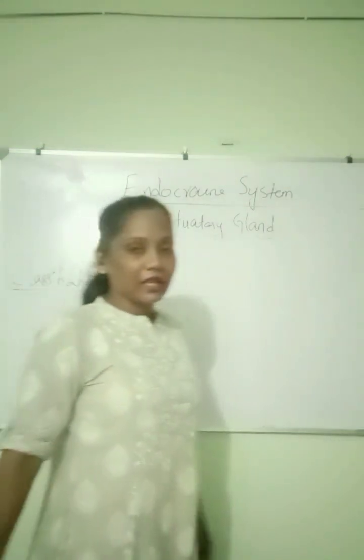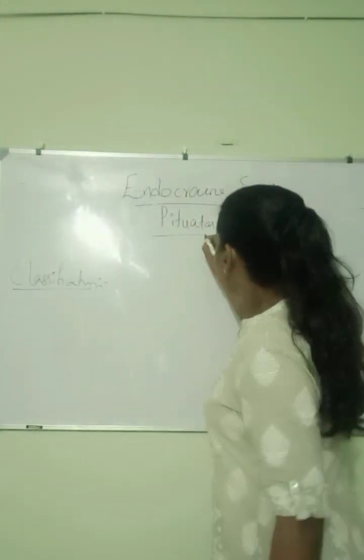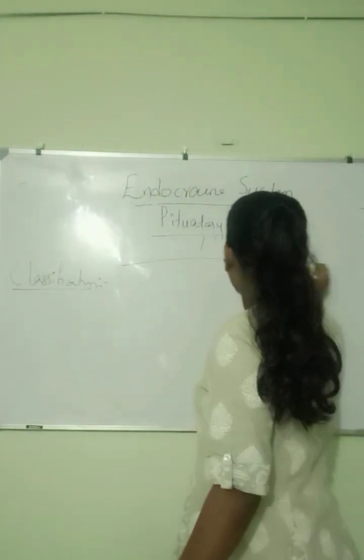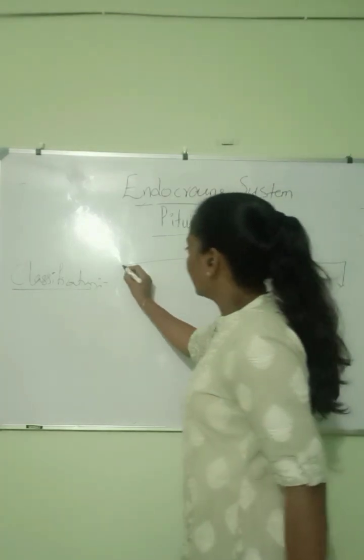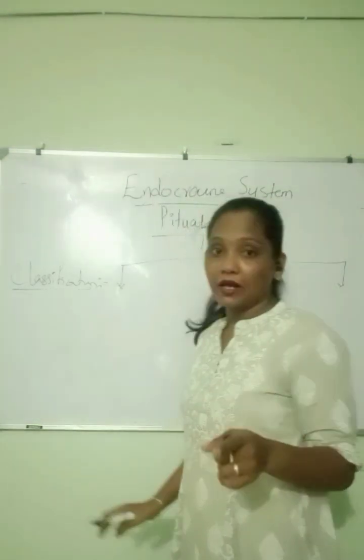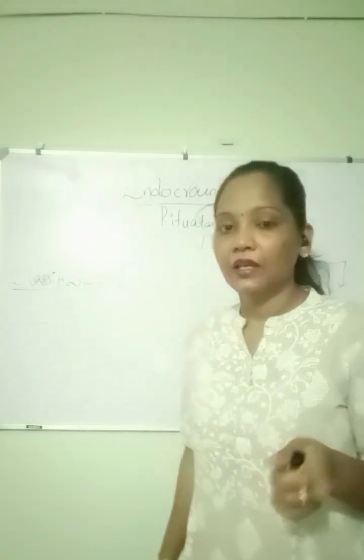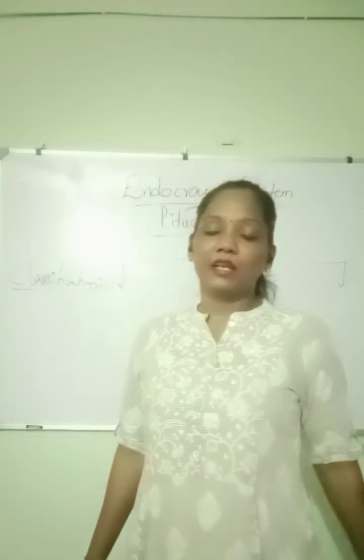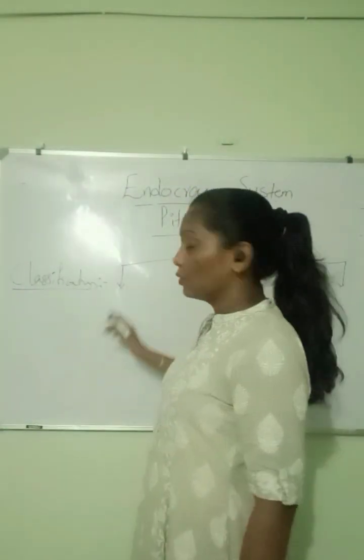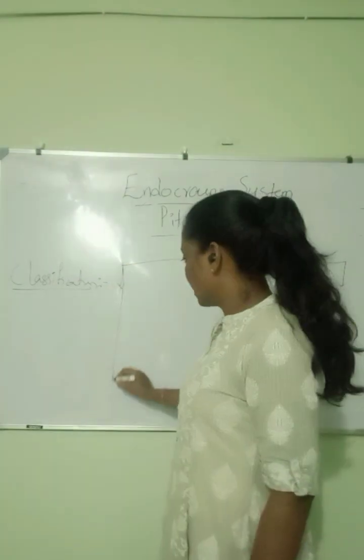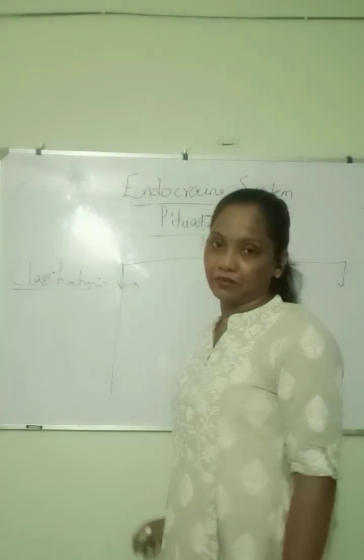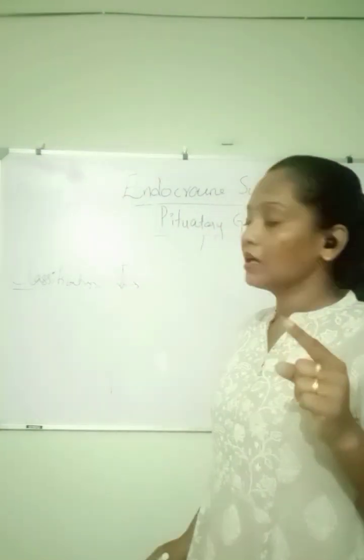When you write the classification, instead of writing in a paragraph, write it in an arrow way, so that the mark scoring will be very high compared to writing in a paragraph. When you know the content, you present it, and automatically they will give the score.